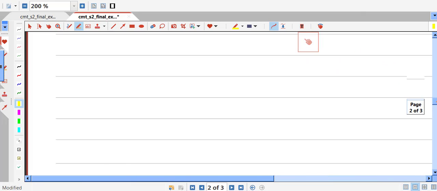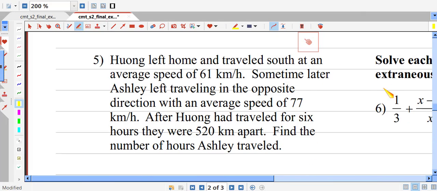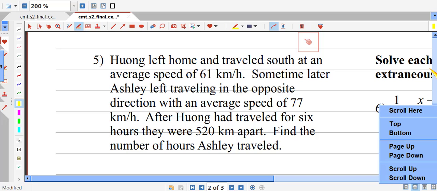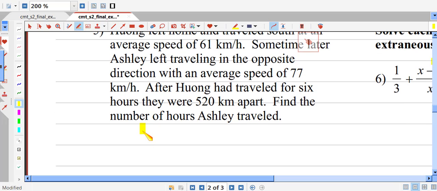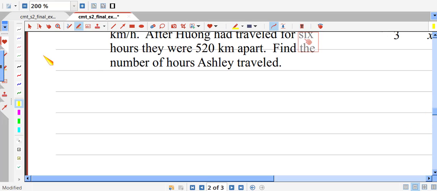All right, the next one is two people traveling in opposite directions. Once again, I'm going to make up my little table of rate, time, and distance.